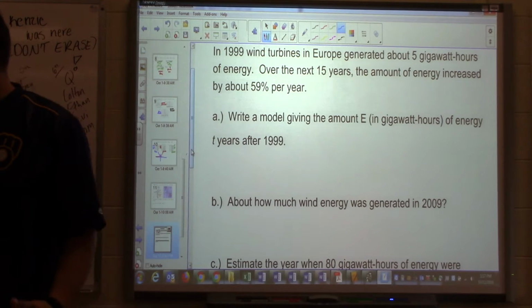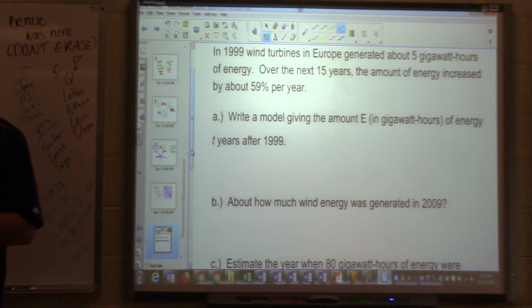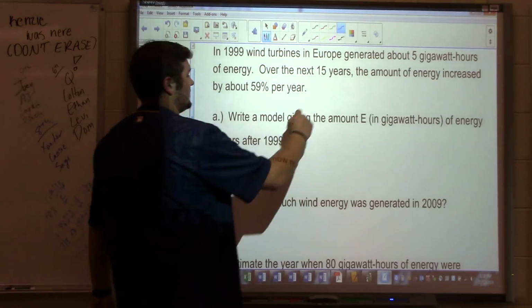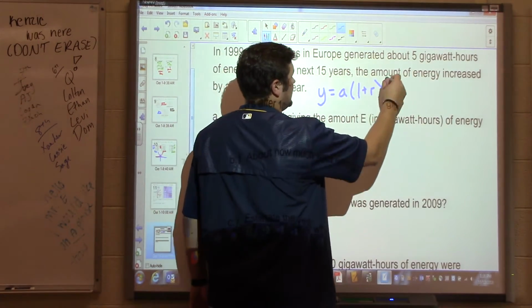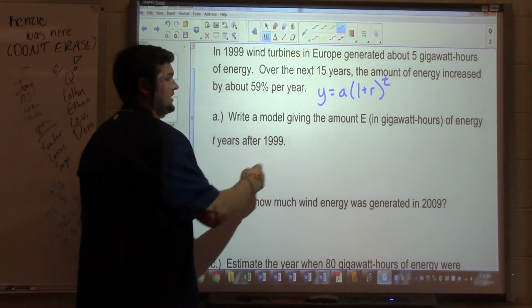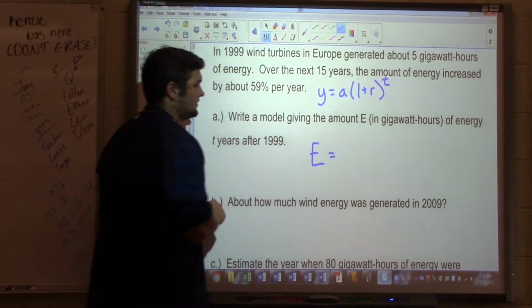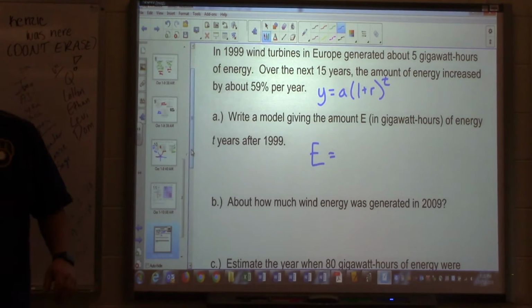So what type of problem is this? Exponential growth, exponential decay, compound interest. Exponential growth, right? It's growing. So y equals a times 1 plus r to the t power. Or in this case, we want it in the amount E. So E is equal to, what's my initial amount? 5, right?